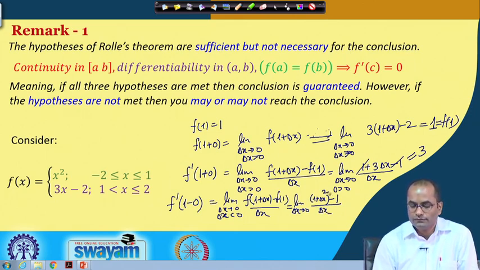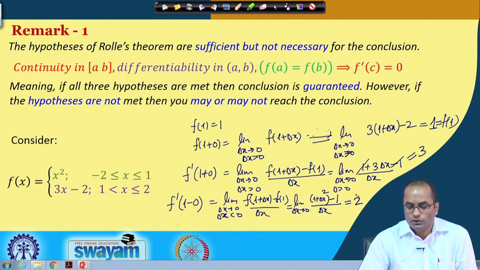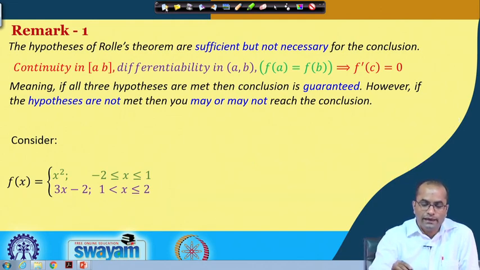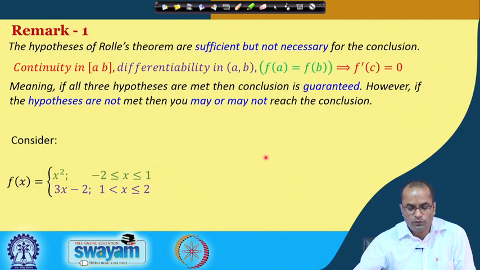So, when you expand this, there will be 1 plus delta x square plus 2 delta x terms, 1 will get cancelled, and this 2 delta x divided by delta x will give you 2, and the rest because of the limit will go to 0. So, here the left side derivative is 2, whereas the right side derivative is 3. So, the function is not differentiable in this case.